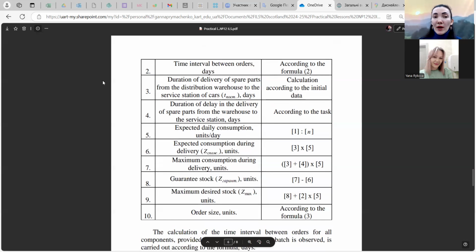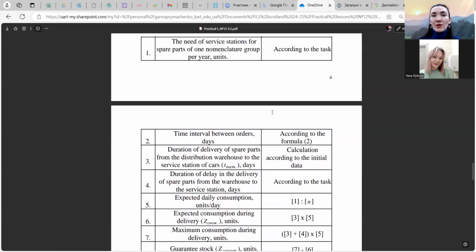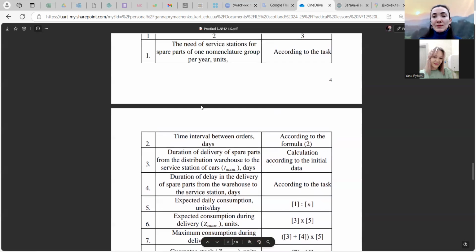And line number 5, we need to calculate already. It is expected daily consumption in units per 1 day. We need to divide the first line of our table, 0.1, by our 258 days. We already found this information, that during 1 year our company worked 258 working days.